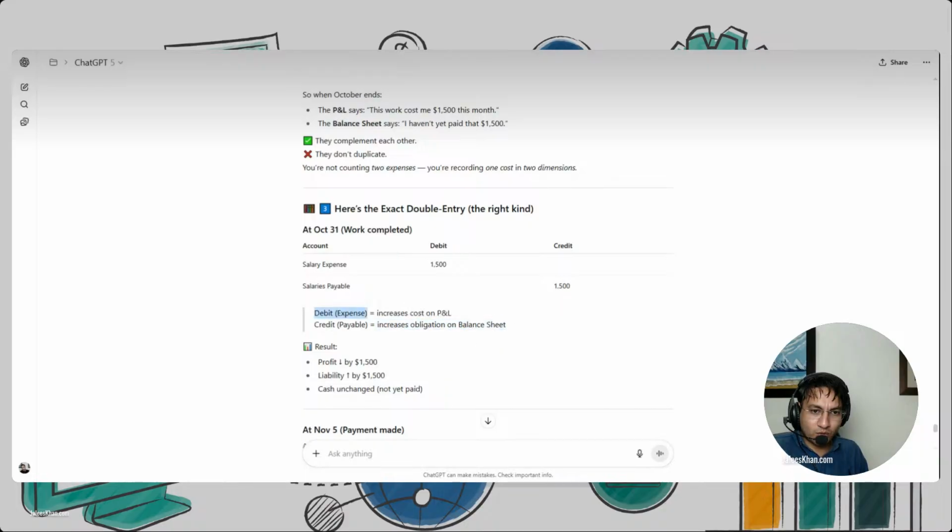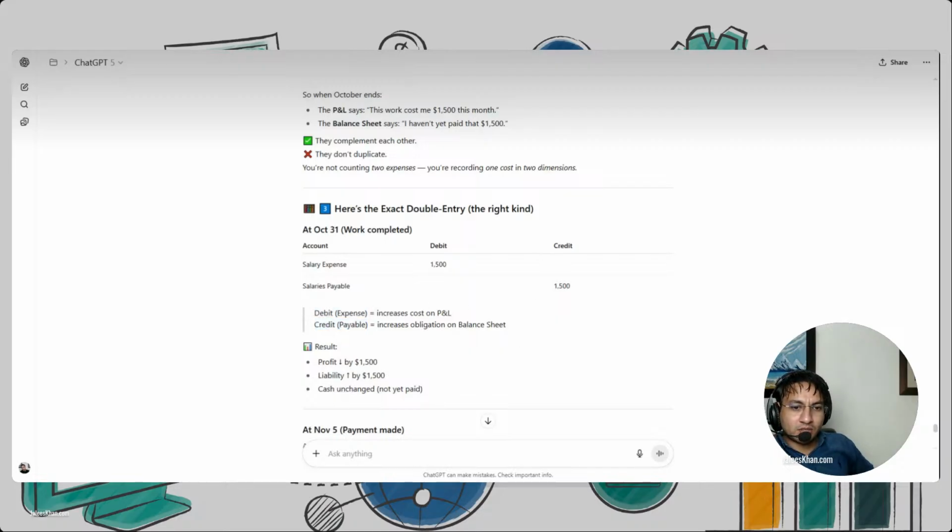It's like we have to pay for this, so it increases. Credit: payable increases the obligation on the balance sheet. It means we take a kind of loan, so we have to pay for it.